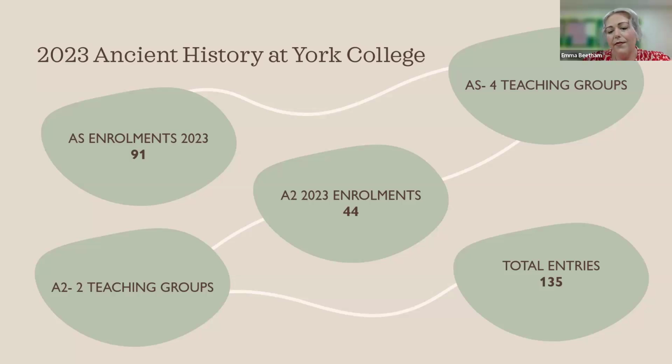The total entered for the exam this year, which they've just all done, was 135 students at the college. I teach all the second year groups and 3 of the AS groups, and one other teacher teaches 1 group of the current ASs.